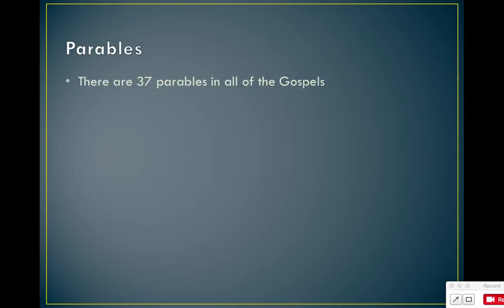Luke records 23 of those parables, with 16 of those 23 only in Luke. So if I'm studying the Gospels and I really want to focus in on the parables, most likely I'm going to be in the book of Luke, and I'm going to be learning about those parables, especially the 16 that only appear in Luke.